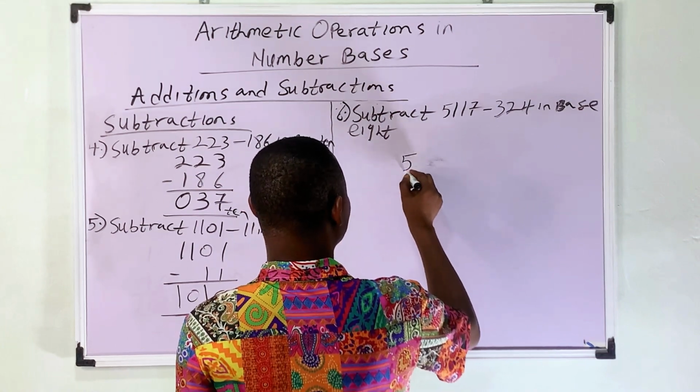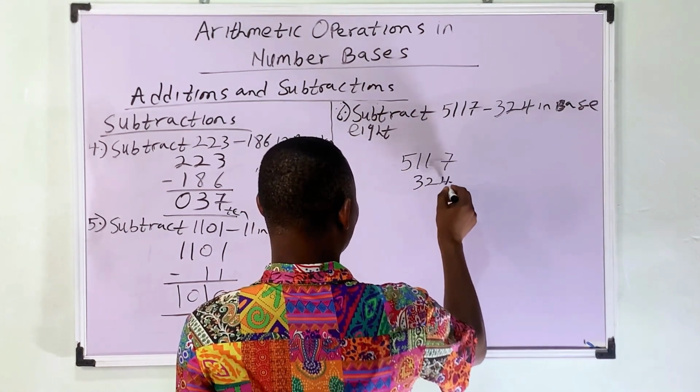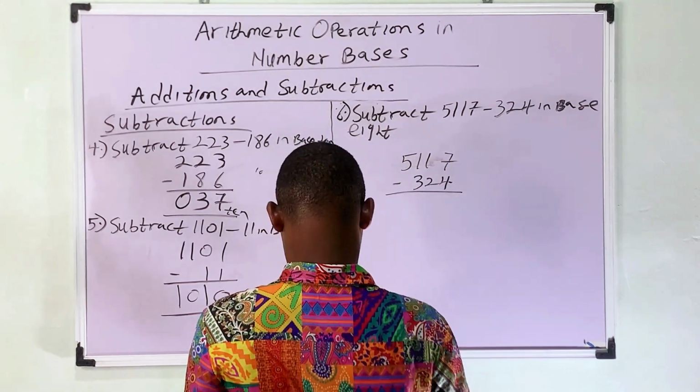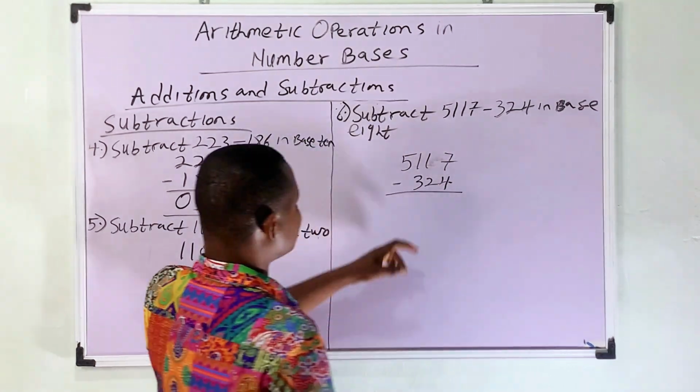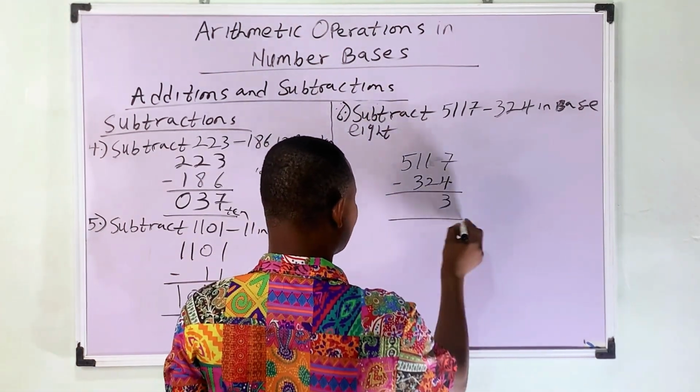Look at the bases. 7 minus 4 will give us 3.